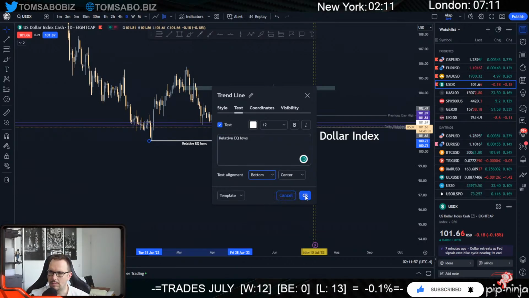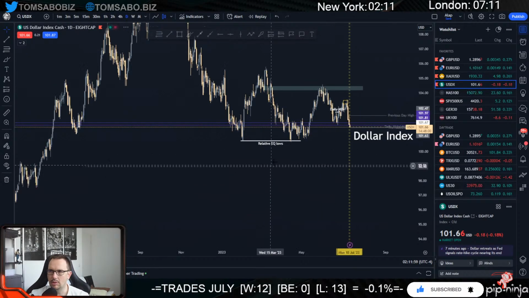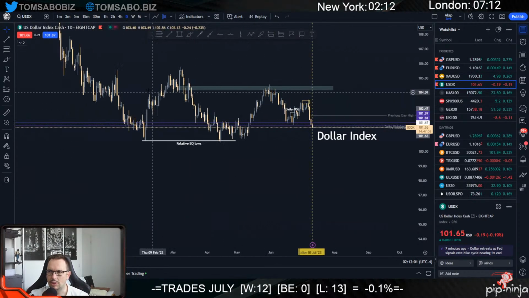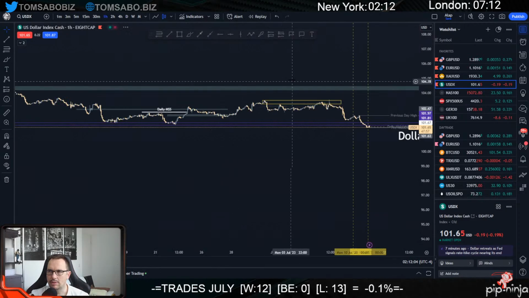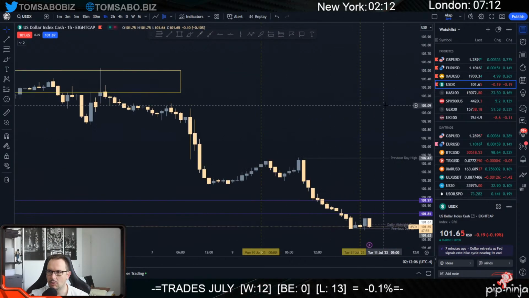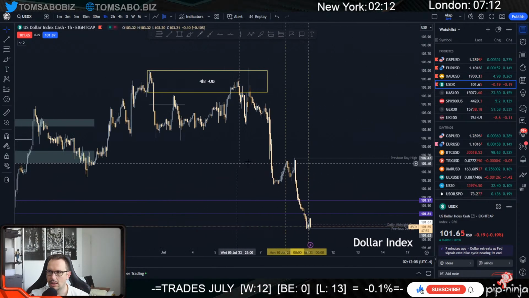Down here, some relative equal lows. This is the daily chart. So I'm looking for dollar index to fall down, which gives some bullishness on the forex pair.